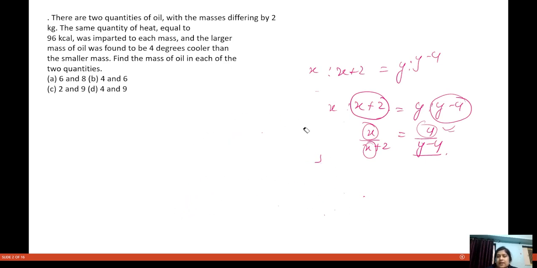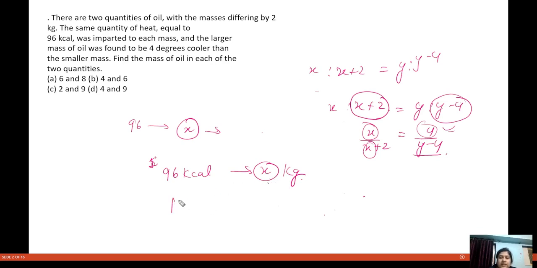Now see, this 96 kilocalorie is heating x gram of oil, or let's say x kg of oil.